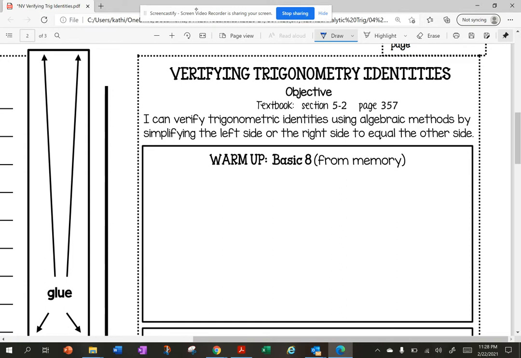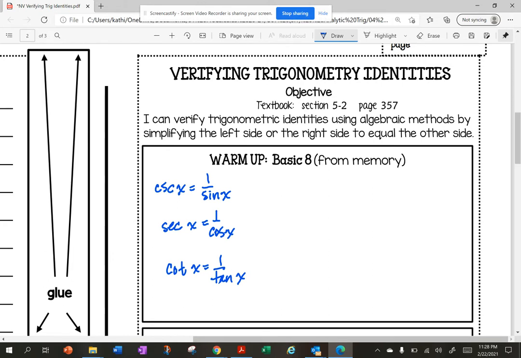All right, so I got cosecant of x equals 1 over sine of x, secant of x equals 1 over cosine of x, cotangent of x equals 1 over tangent of x.